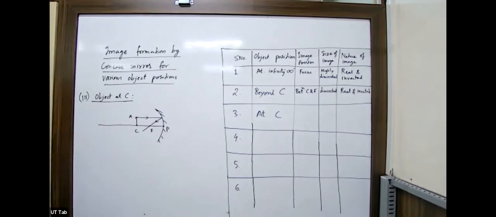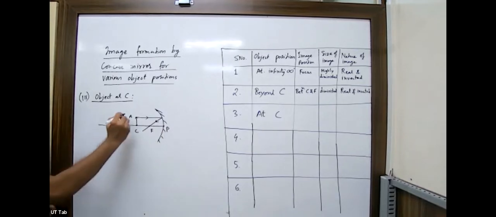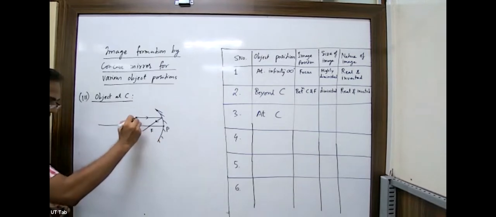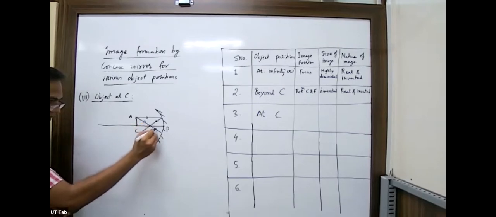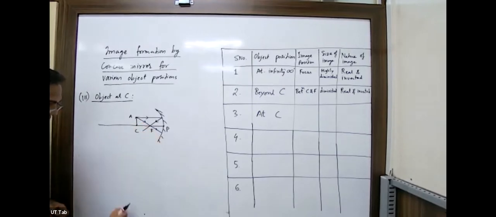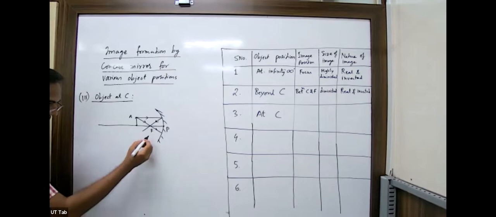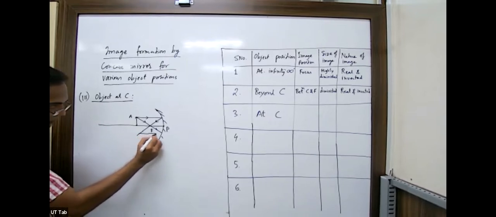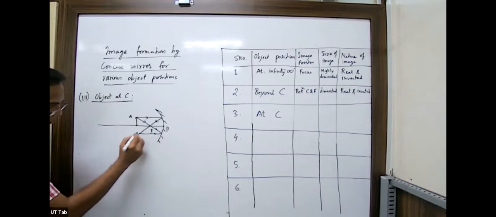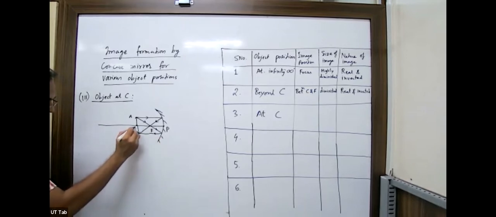What about the second line? Now we'll take one passing through focus. Any line which passes through focus will return parallel to the principal axis. So I know that the image size should be the same.